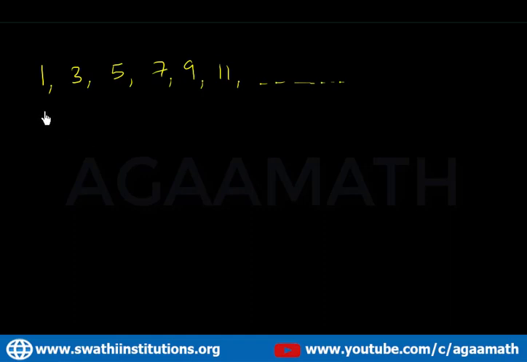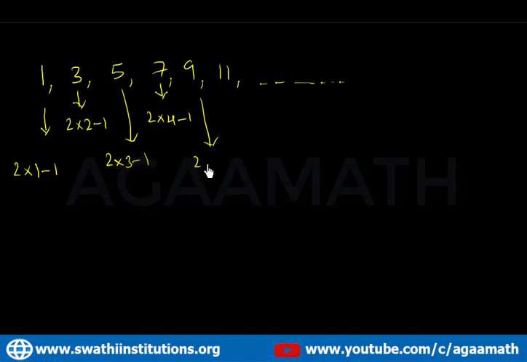Here it is 2 times 1 minus 1, this is 2 times 2 minus 1, here 2 times 3 minus 1, 2 times 4 minus 1, and 2 times 5 minus 1.